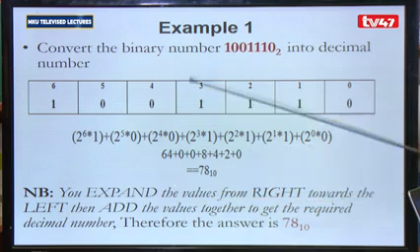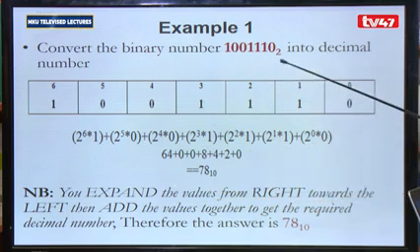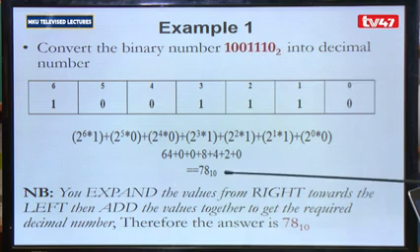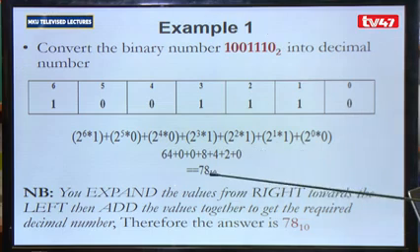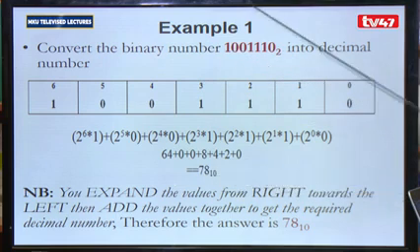And therefore, the decimal equivalent of 1001110 is equal to 78. And just like we had done earlier, to convert a decimal number into binary, we divided by 2. So if you convert 78 into binary, you end up with that digit.